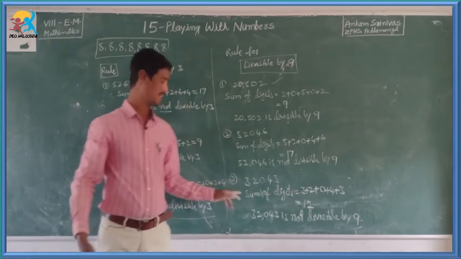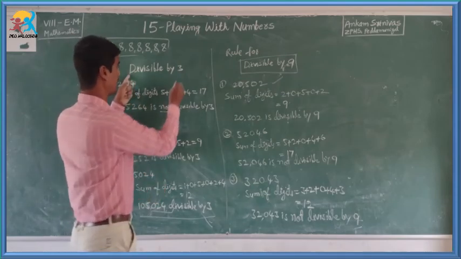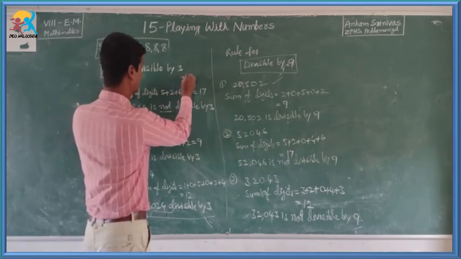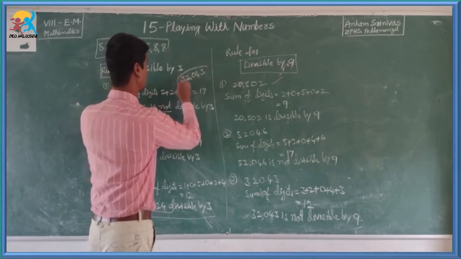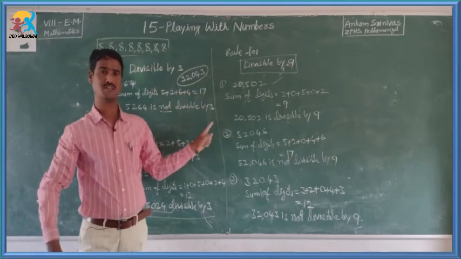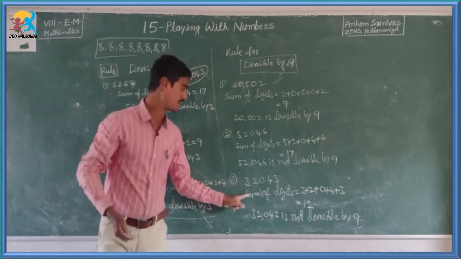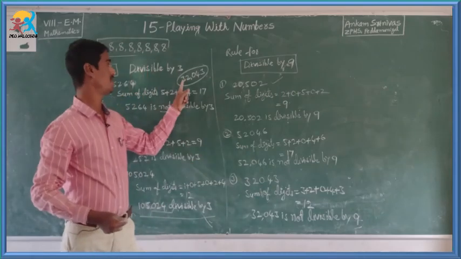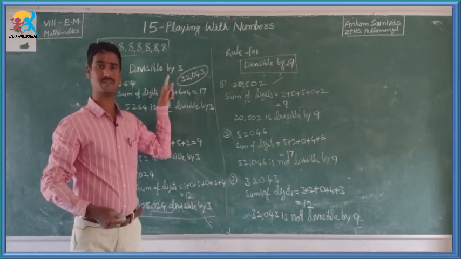If you check the same number, 32,043, whether divisible by 3 or not, it is divisible by 3 because the sum of digits is 12, and 12 comes in the 3 table.